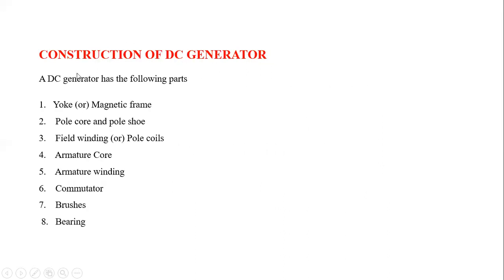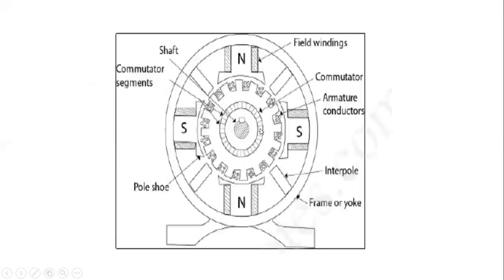Next, the second topic is the construction of a DC machine, the constructional parts. Either a motor or a generator, we have the same parts. There are 8 different parts in a DC machine.